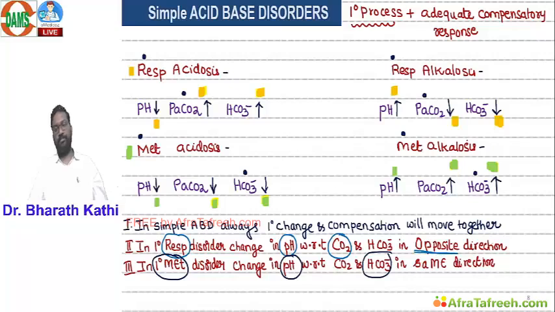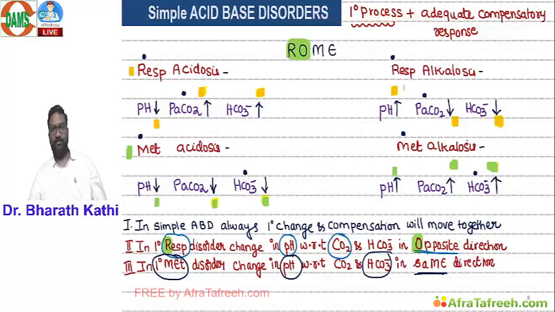Both are directly related. So change in pH with respect to the parameters should be in the same direction. Even if you forget this logic, don't forget this mnemonic called ROME. In a primary respiratory disorder, the change will be in opposite direction. In a primary metabolic disorder, the change will be in the same direction.